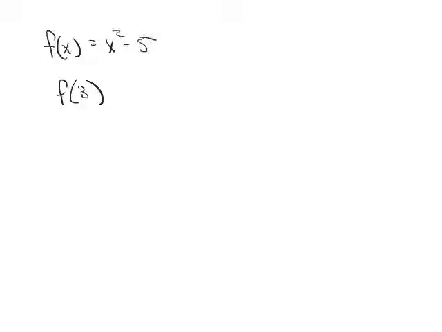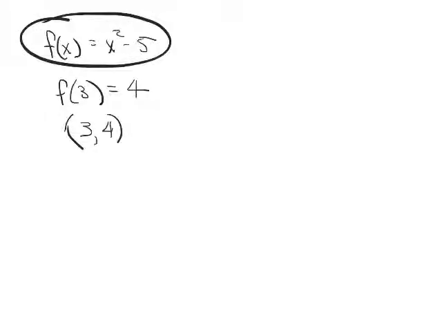So to find the function value f of 3 from the graph at the left, we locate the input 3 on the horizontal axis, move vertically to the graph of the function, then move horizontally to find the output on the vertical axis. And we see that f of 3 equals 4. So if our domain is 3, our range is going to be 4, and we can find that point on that particular parabola, and it better be on the parabola because this is the formula for that parabola.